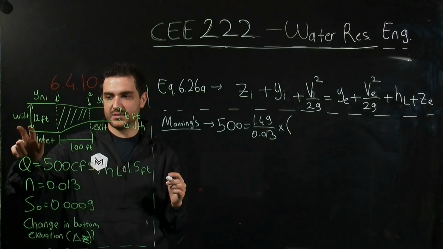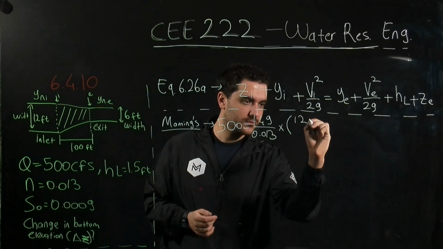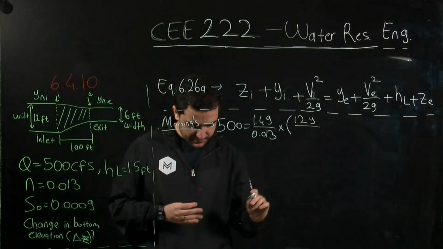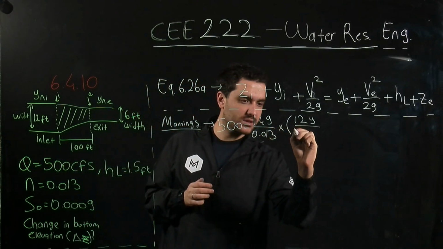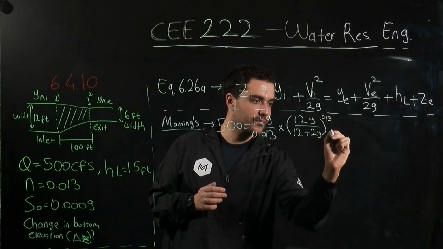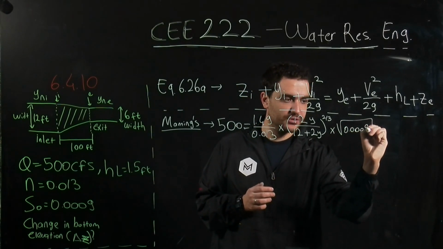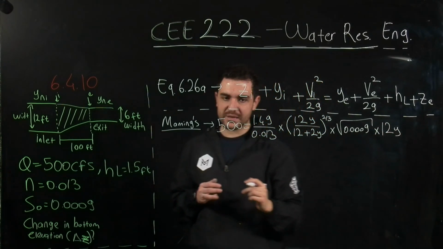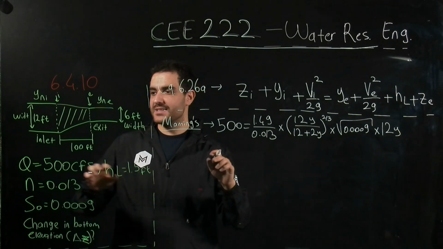Since this is rectangular, the area will be 13 feet times y, over the perimeter, which will be 13 plus 2y, to the two-thirds power, times the square root of the slope, which was given as 0.0009, and the area again, 13 times y. And this is for this channel.